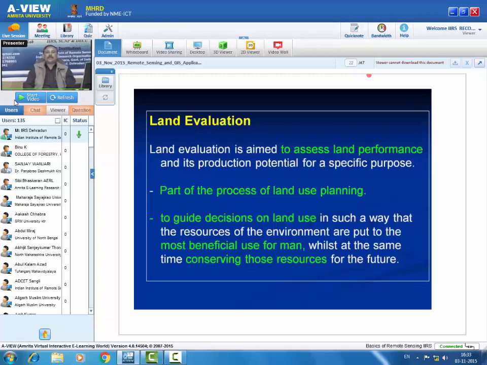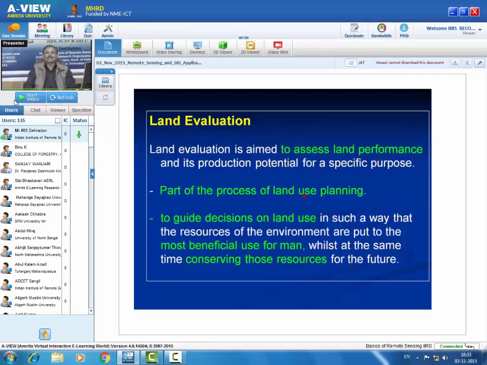Now you have prepared your soil map, and you are interested to assess the suitability of soil for various purposes. The soil map is used for various purposes, and we do land evaluation. Land evaluation is the technique required for land use planning.